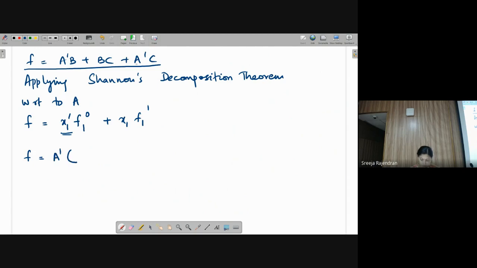So a bar, and then I write this function by substituting the value of a with 0.